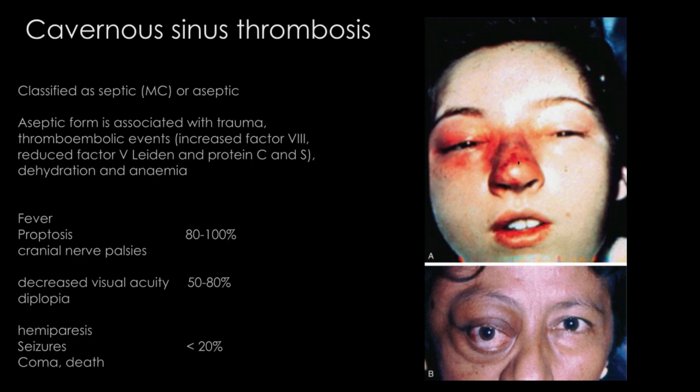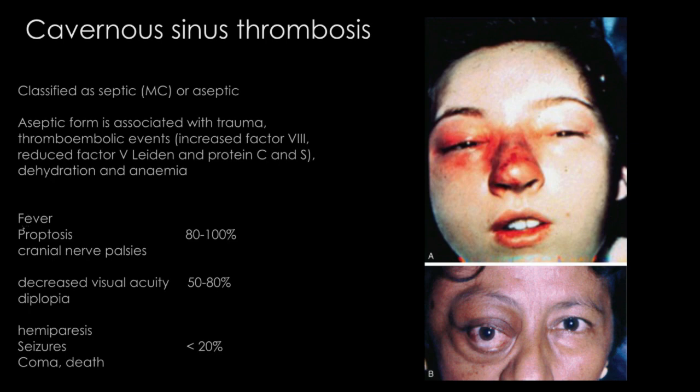So in this case, you can see the dangerous area of face is involved. The upper lip is spared, but the nose is involved. So through the above mentioned pathways, it can spread into the cavernous sinus, which eventually causes the infection spreading to the superior and inferior ophthalmic veins, causing cavernous sinus thrombosis and involvement of the eye.